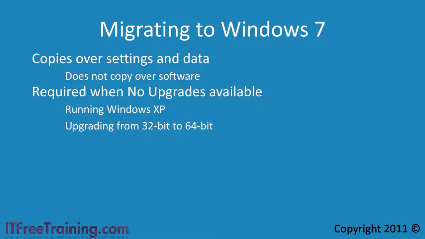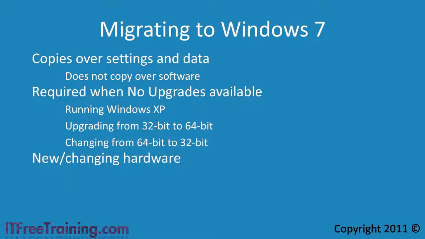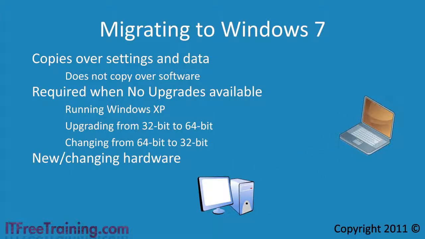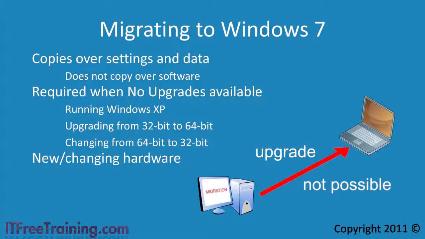The same is true if, for some reason, you want to change from a 64-bit operating system to a 32-bit operating system. If you purchase new hardware or change hardware, you may also want to perform a migration. For example, if you have been using a desktop computer, you can change to a laptop. In situations like these, an upgrade is not possible and your only choice is to perform a migration.